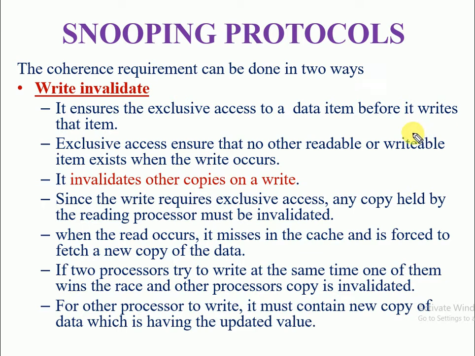It is done in two different ways. The coherence requirement using snooping protocol is based on two different approaches. The first one is called write invalidate. Let us look at the term write invalidate.